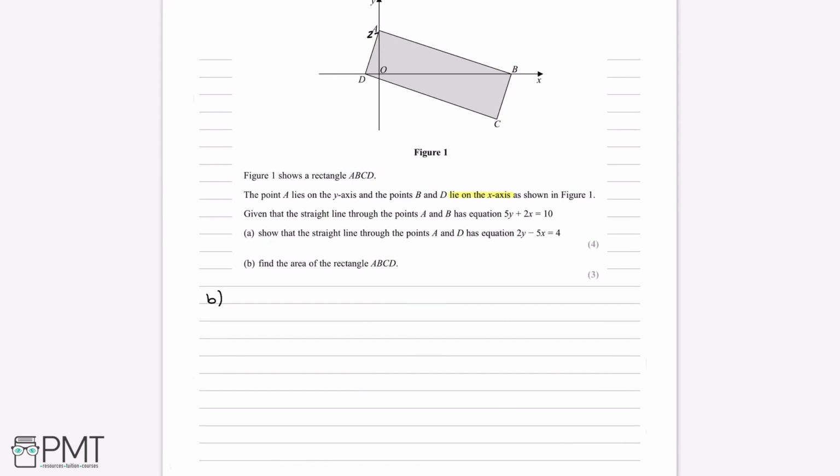So we can say for point B, at y equals 0, 5y, which is 5 multiplied by 0 and therefore 0, plus 2x equals 10, and therefore x is equal to 5. And the coordinates of B are 5, 0.